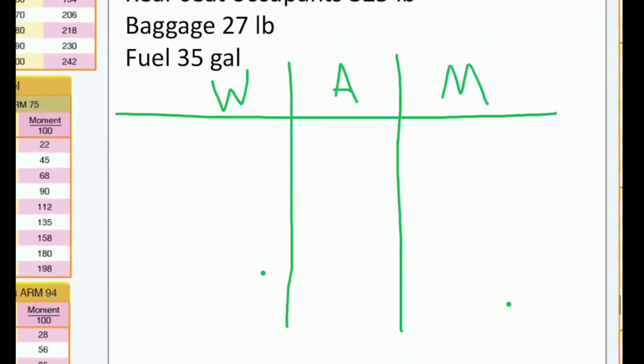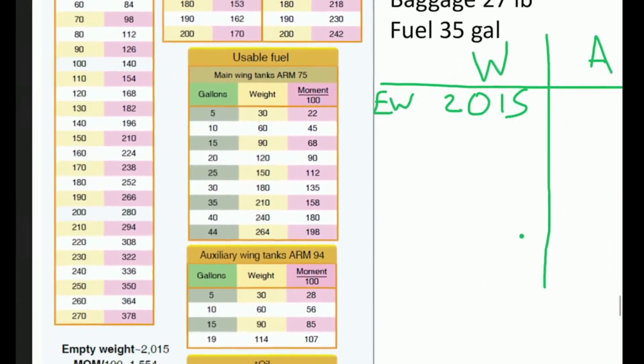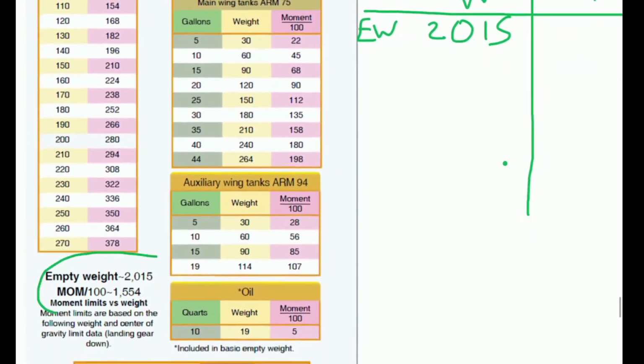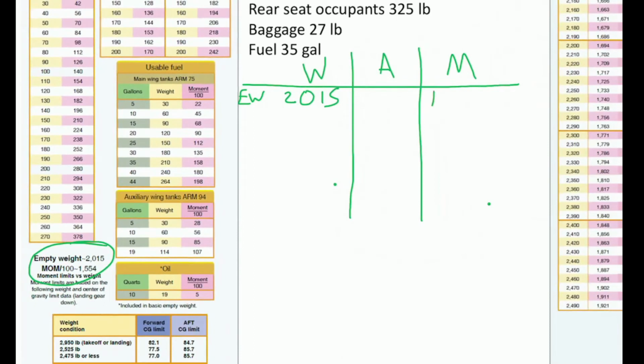First, the empty weight of the airplane is 2015. I know that because empty weight is 2015. The moment is 155,400. We don't need to worry about the arm because it gives us the moment, so we don't got to worry about doing any actual math to figure that out.